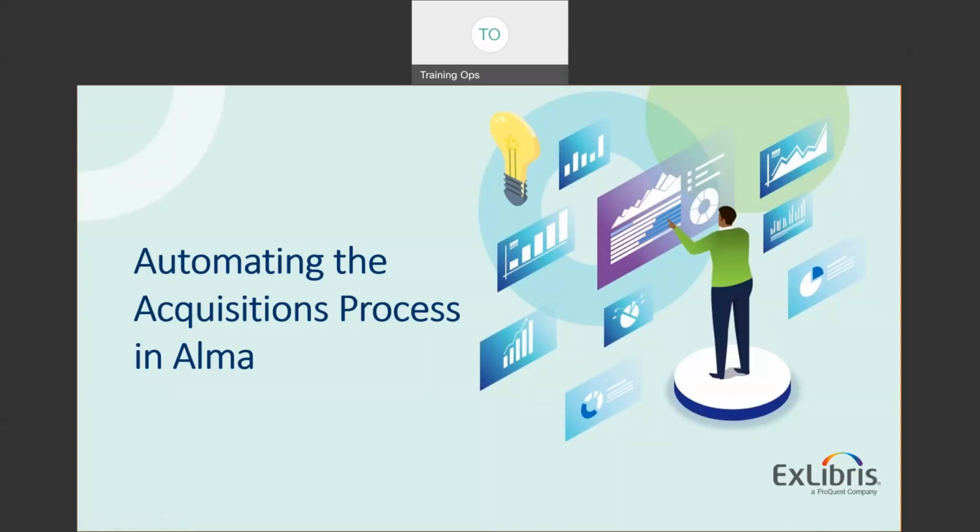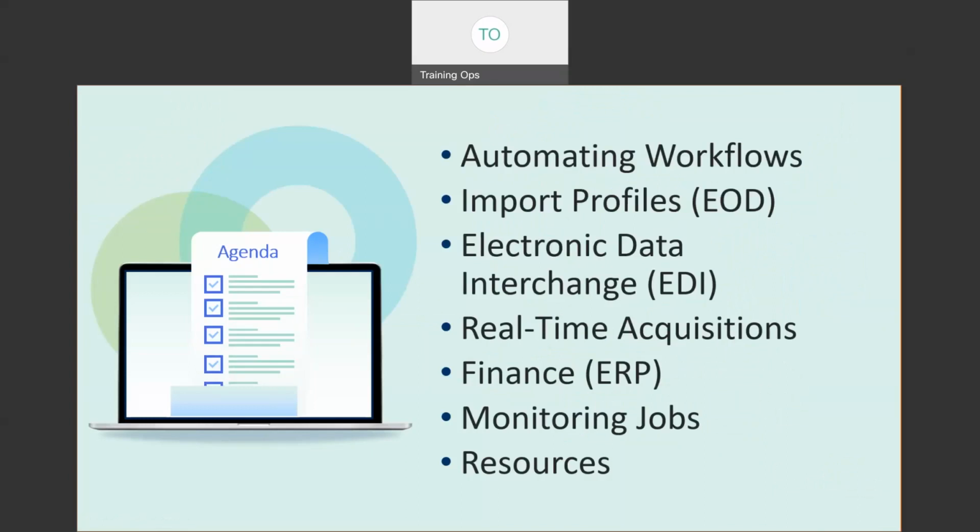So our topic this session is called Automating the Acquisitions Process in Alma. We're going to be talking about automating workflows. Then we are going to start with talking about import profiles, and that is called EOD, or embedded order data. That's what we're using to automate the process. Then we're going to talk about another communication tool called EDI, Electronic Data Interchange.